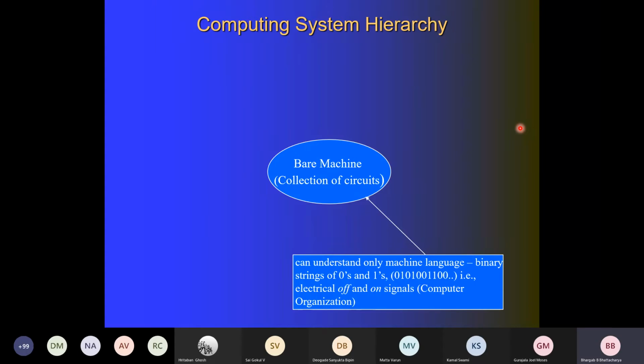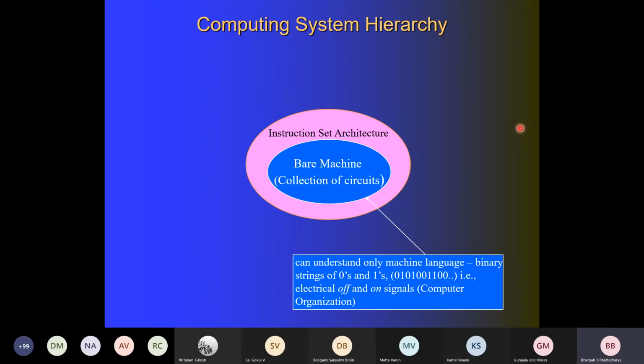So given this, which is the bare machine, it can understand a sequence of zeros and ones, but as you know, handling sequences of zeros and ones is cumbersome. So instead of representing those binary strings, we use some kind of mnemonics or assembly language, like add, move, load, and so on.